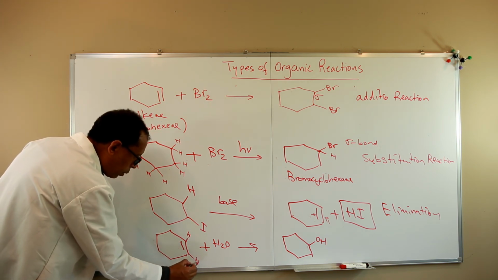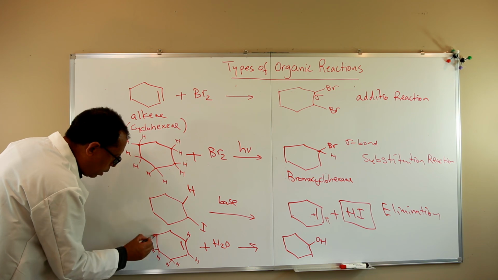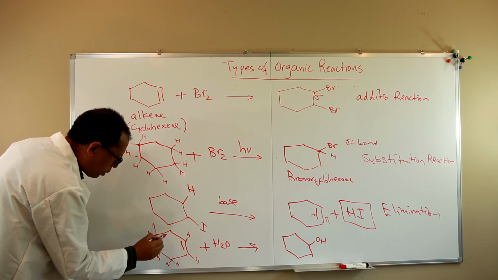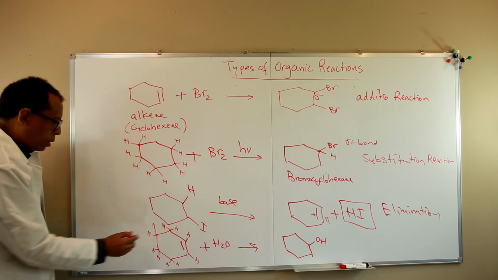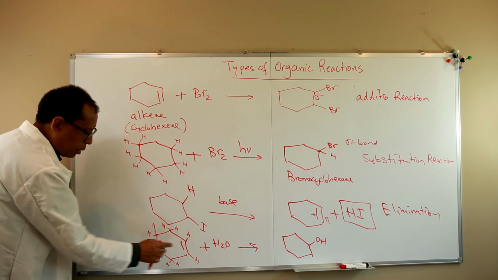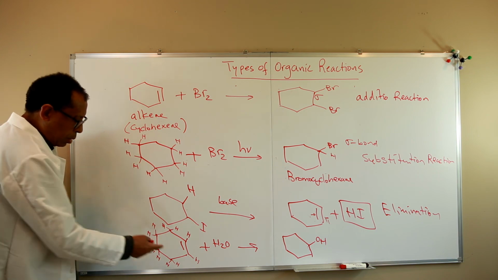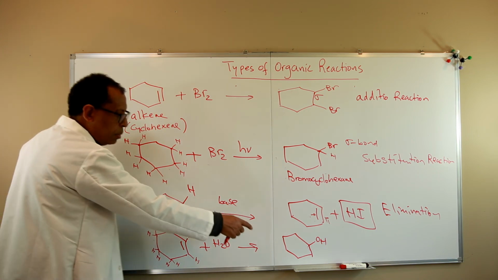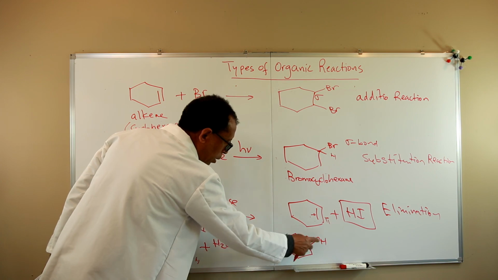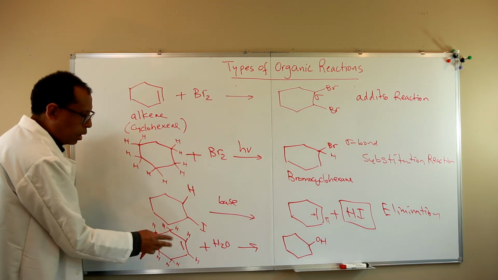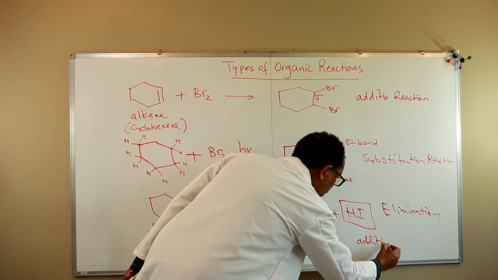One hydrogen here, one hydrogen, there are two here, two here: 2, 4, 6, 8, 10. This is C6H10. You have an alkene, a pi bond, a sigma bond. You are reacting it with water, so you have added one hydrogen and one OH. So this is now two hydrogens, and there is an OH over there. So this is an addition of water. This is an addition reaction.